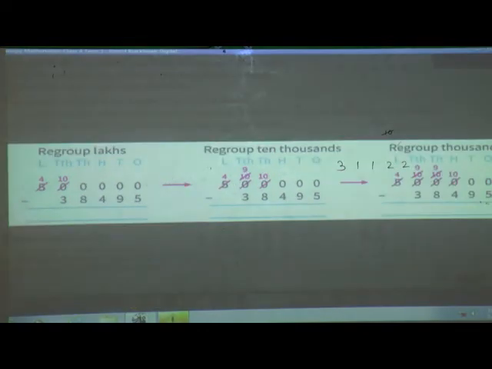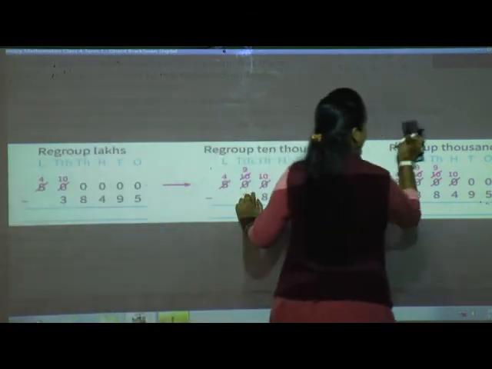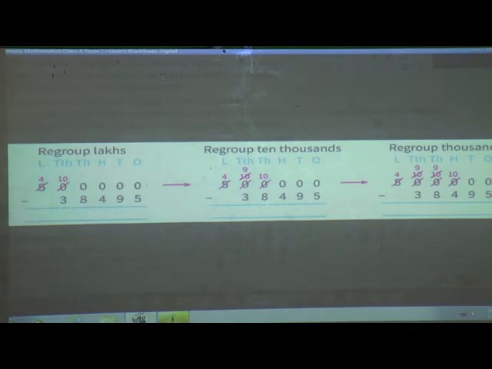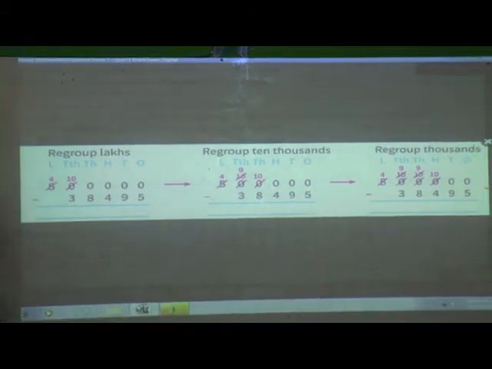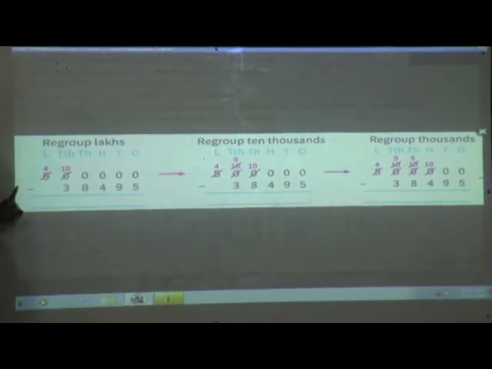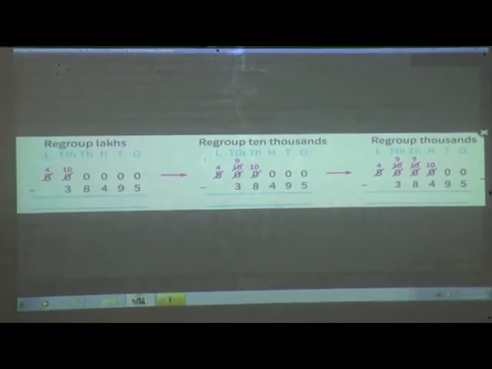See, one more example I will teach you. Regroup lakhs, regroup tens and regroup thousands. Example number 4 they have given.